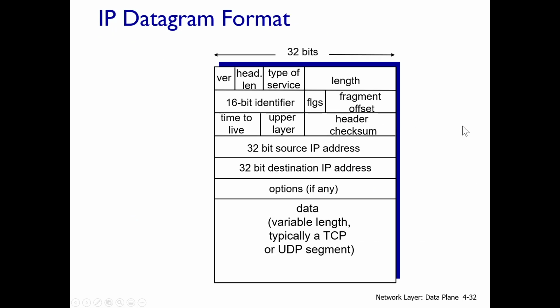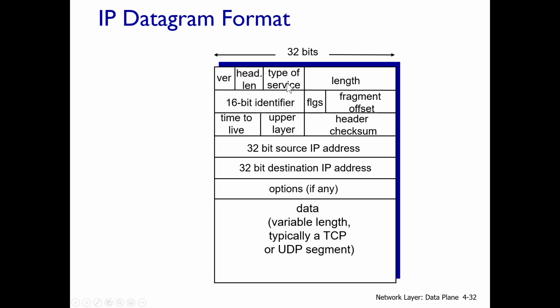So this is the IP datagram format. We have a version field. This is 4 bits. It specifies the version, like if this is IPv4 or IPv6. We have a header length. This is usually 20 bytes, but if we use options, this can go up, so we keep the header length.